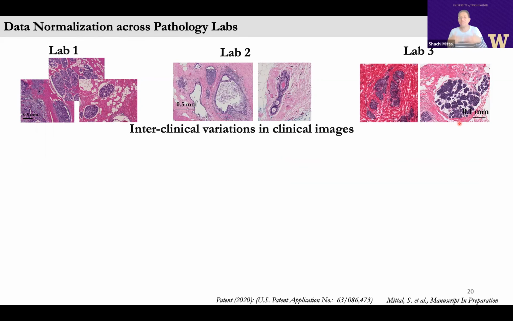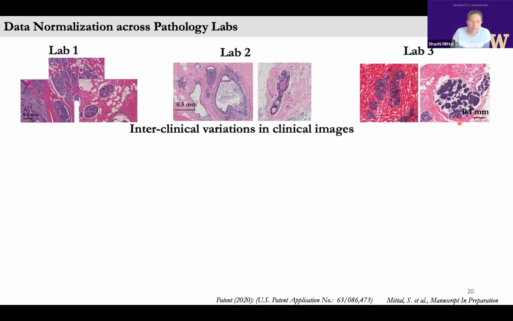So there was a lot of interclinical variations. This is the same breast cancer, same type of stain, so exactly the same marker, same processing of the tissue, just different people and different labs were doing it. So the data ended up looking very different, which can sometimes throw off our models or make them less generalizable.